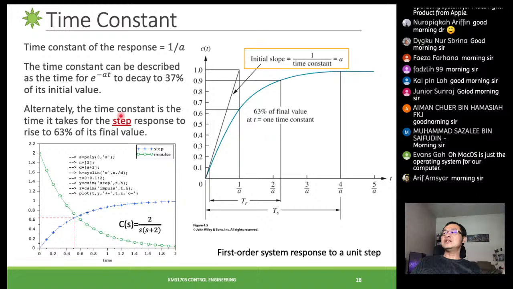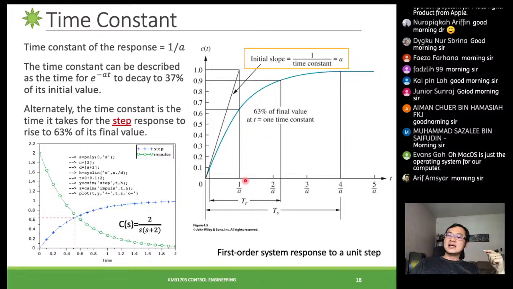Okay, so because of that, now what we can do is from this final value, we take 63% of this value, which is 0.63. Then when we draw this line down, we will get this time, and this time actually corresponds to 1 over a, which is the time constant.